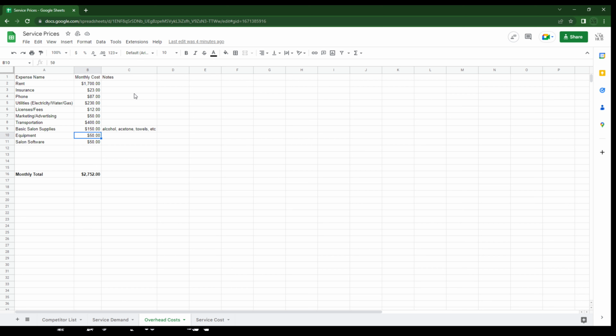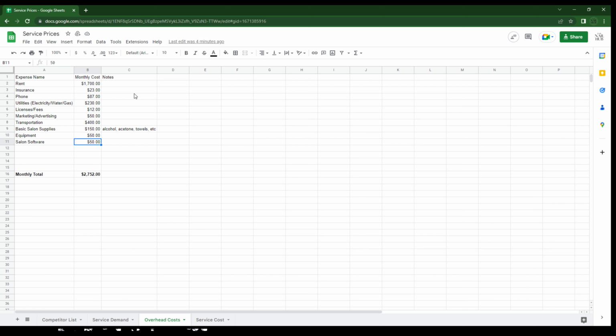You could figure out, hey, I typically spend something like $50, could even be just for sharpening your implements. But whatever that cost is, I want you guys to also include maybe even the maintenance fees for your equipment. Maybe even your autoclave needs some regular maintenance, if you have one. However it works for your business, I want you to include some kind of equipment expense.